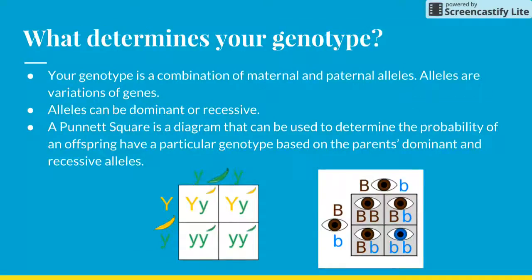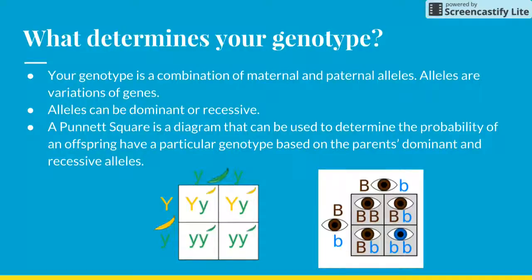What determines your genotype? Your genotype is a combination of maternal and paternal alleles. Alleles are variations of genes. Alleles can be dominant or recessive. A Punnett square is a diagram that can be used to determine the probability of an offspring having a particular genotype based on the parent's dominant and recessive alleles.